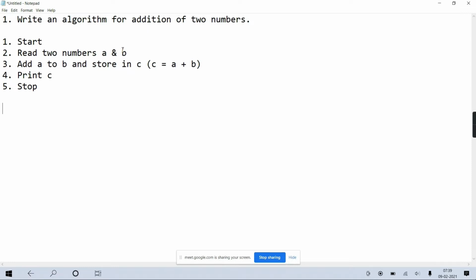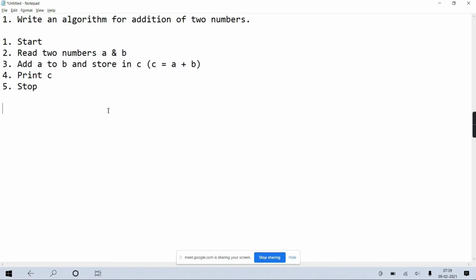One is A and another is B. Then we are going to add these two and store in one more variable C. And then whatever result we get, that will display it, okay, on the monitor. So standard input is from the keyboard and standard output is monitor. So on the monitor will display the result and then will indicate that here the algorithm is over.